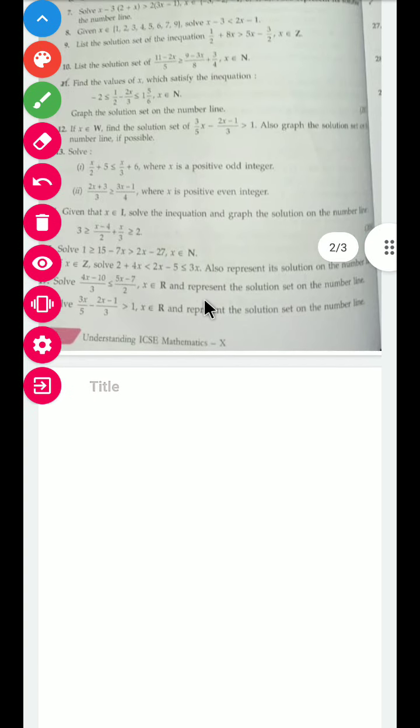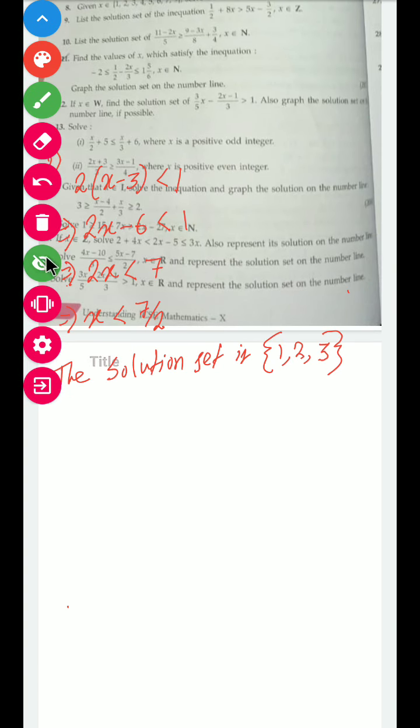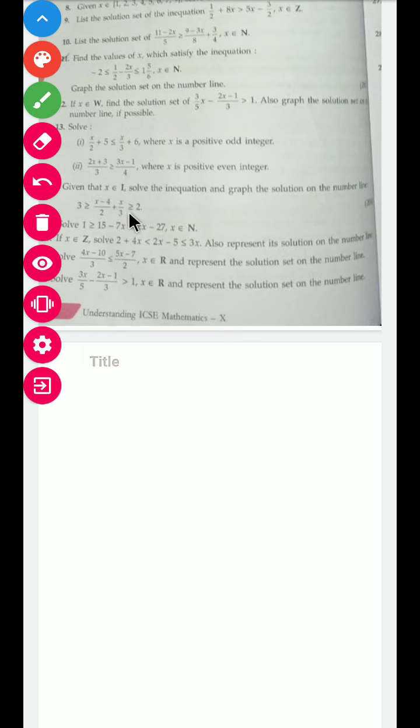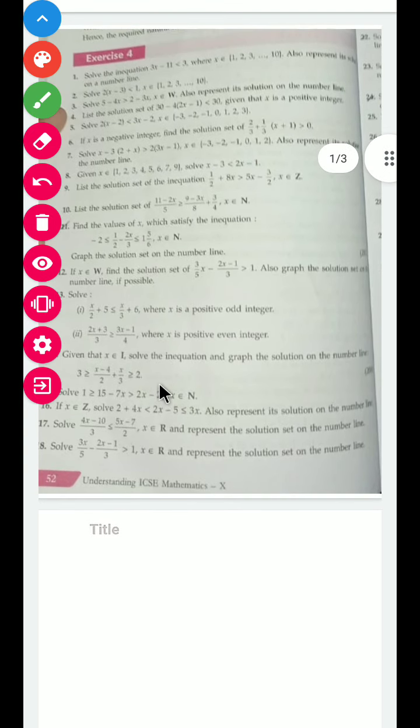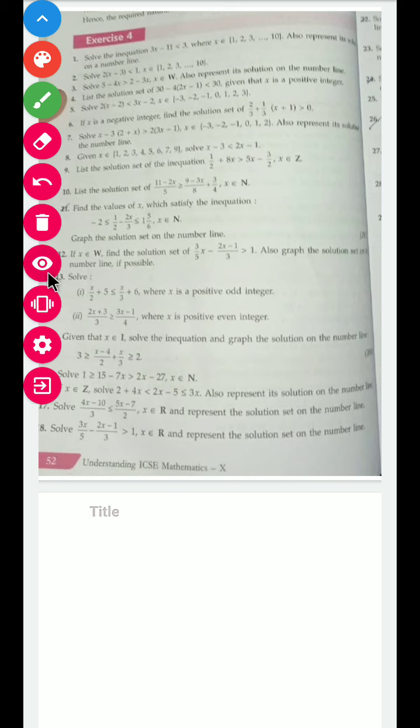So here is given 30 minus 4 into 2x minus 1 less than 30. From here you have to find out the value of x.